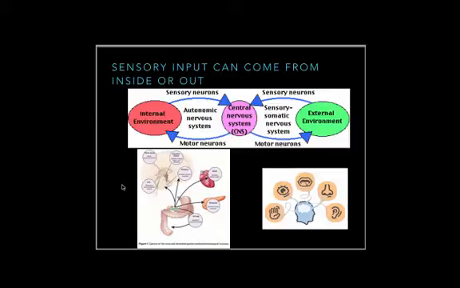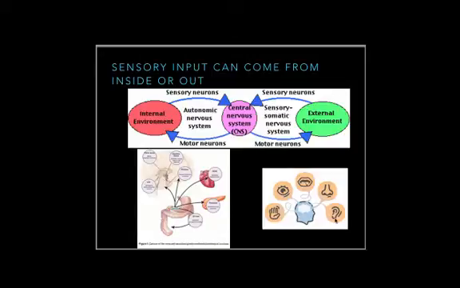This picture just shows a similar diagram, and we can see here is our central nervous system. So that's going to be basically the brain and spinal cord. We have signals coming from our external environment, and those signals are detected by our sensory neurons and taken in towards the central nervous system. I put this picture down here. We have just some examples of external environmental stimuli.